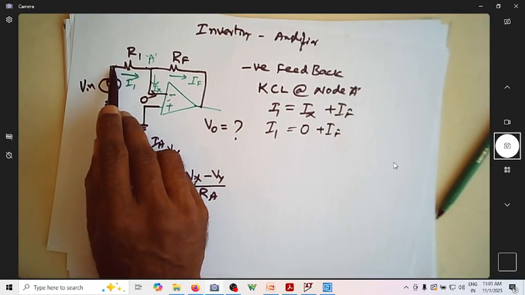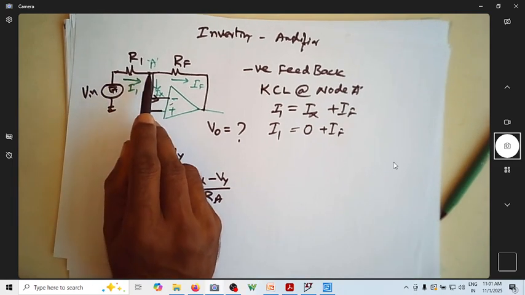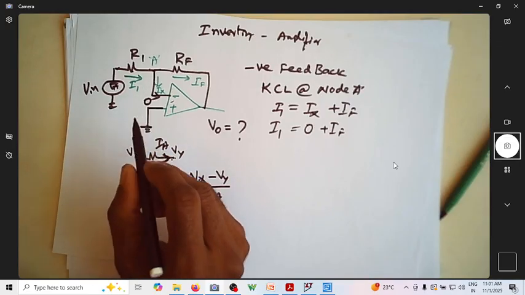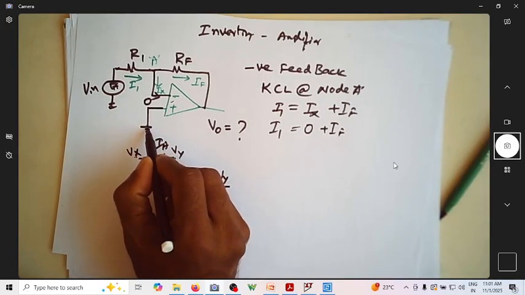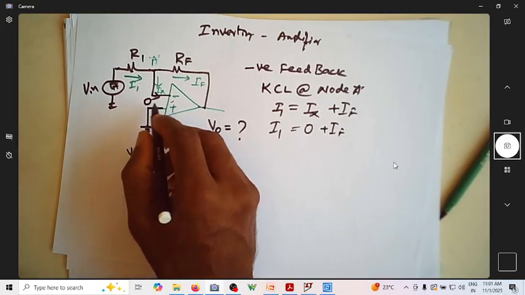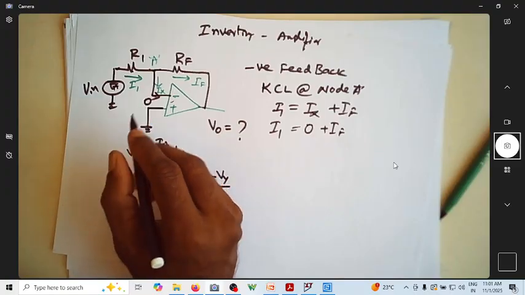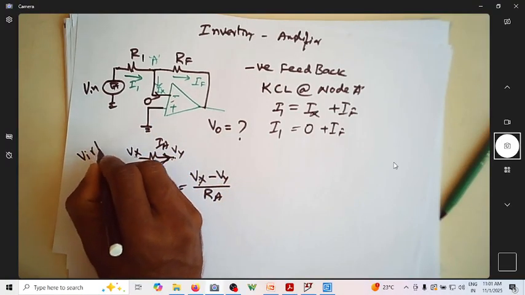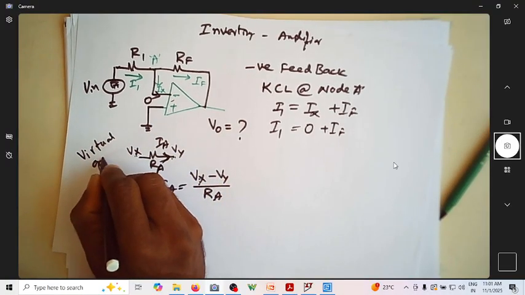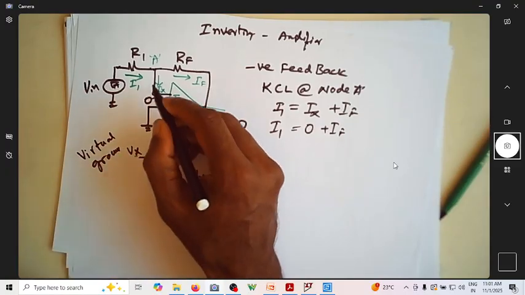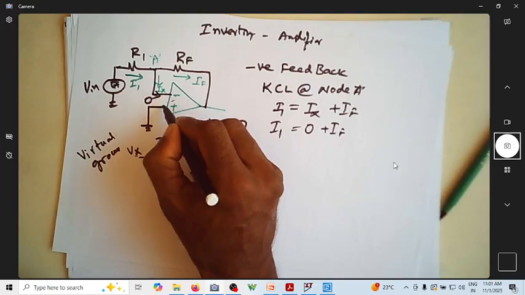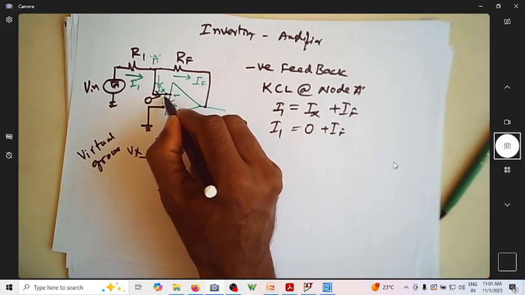Now at this point I have a potential Vin. What is the potential at this point? Since this is grounded, for an ideal op amp there is something called a virtual ground. Virtual ground indicates there will be no potential difference between these two.